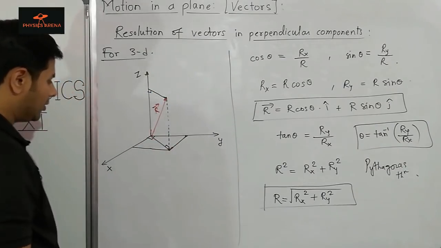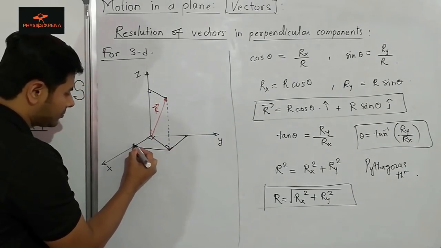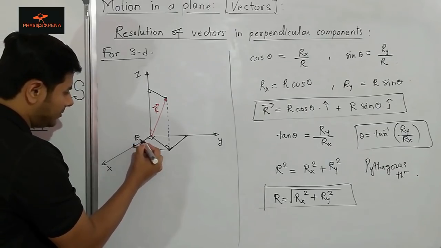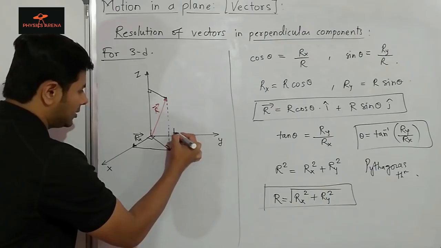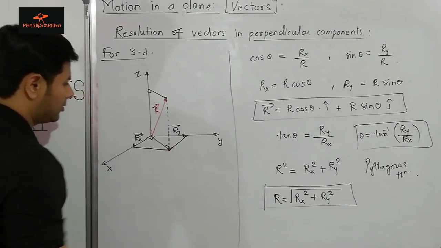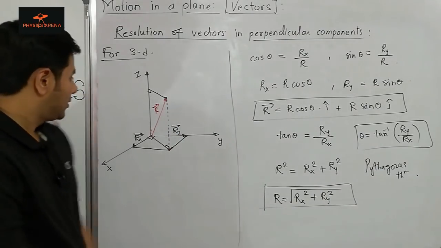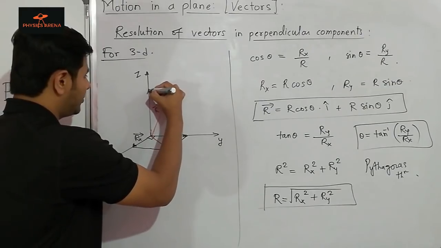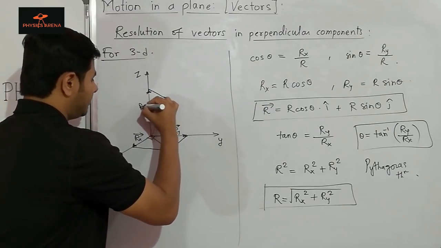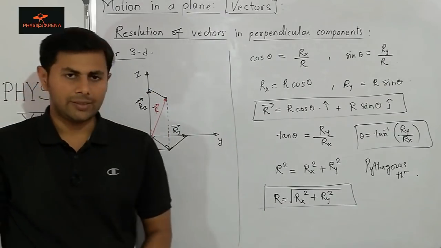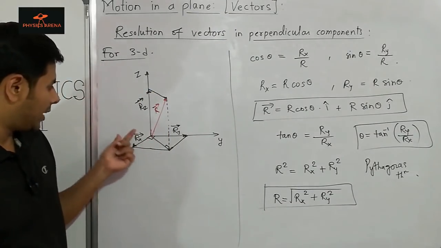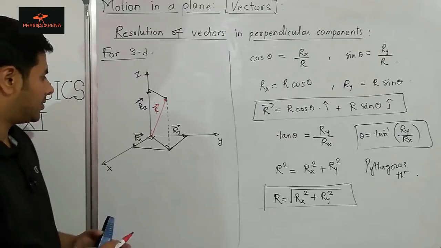Okay, now I will call this vector Rx bar. This vector is Ry bar. And this vector from here is Rz bar. Now it should be clear that this R bar is equal to Rx bar plus Ry bar plus Rz bar.